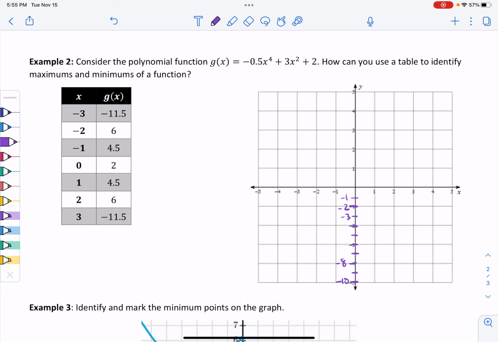Okay, negative 3, negative 11.5 is about right here. This is going to be 1, 2, 3. This is 8, and that's 10. Negative 2, 6 is right here. You have 6 right there.